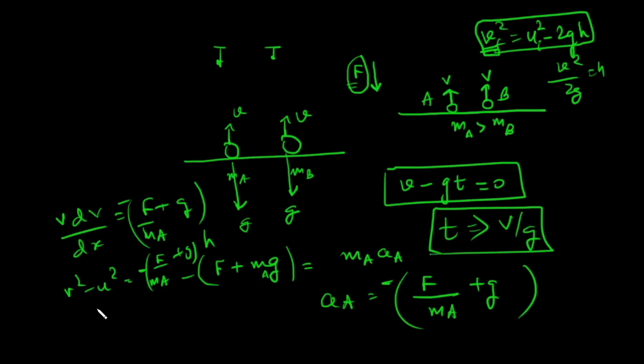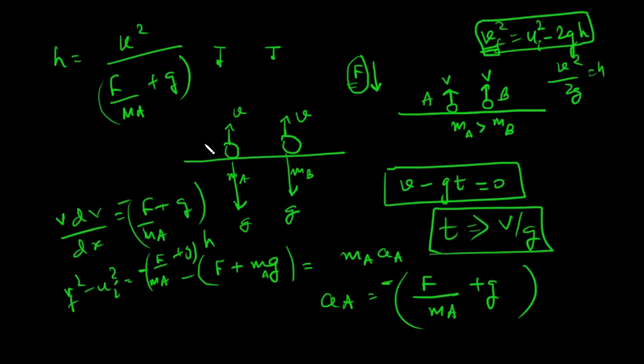This is V final, this is UI. Vf was 0 because the bodies will stop ultimately. So H we have here V square by F by ma plus G.